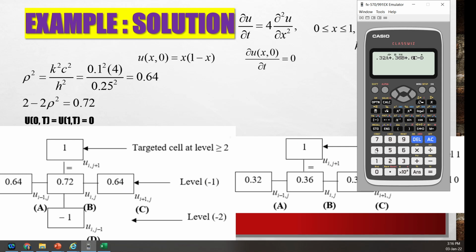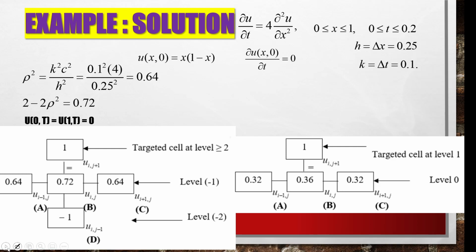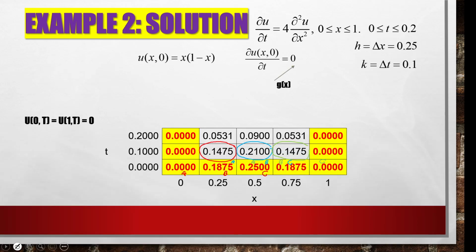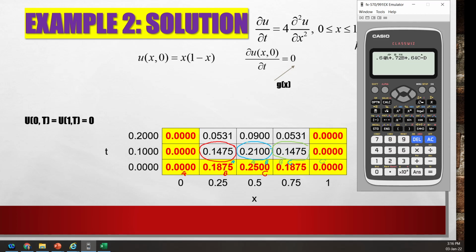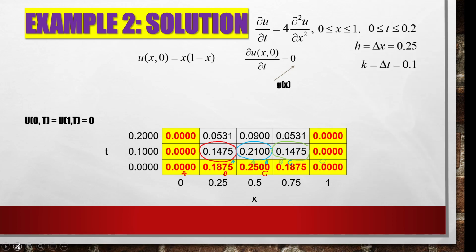So this is 6, 4, 72, then 6, 4. Okay, and then erase it.